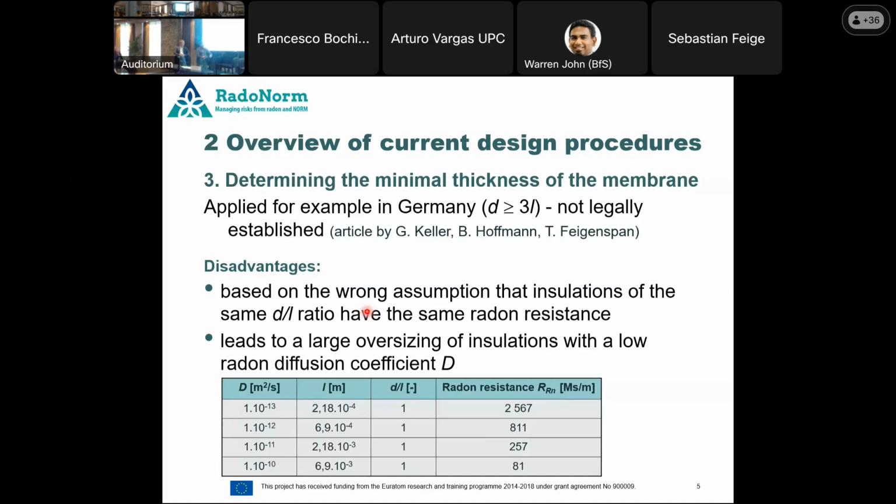The problem is that even if I have membranes with the same D to L ratios, they can have different radon resistances, because the radon resistance depends also on the radon diffusion coefficient. So as you can see from the table below, even if I have the same DL, I can have significantly different radon resistance for different radon diffusion coefficients.